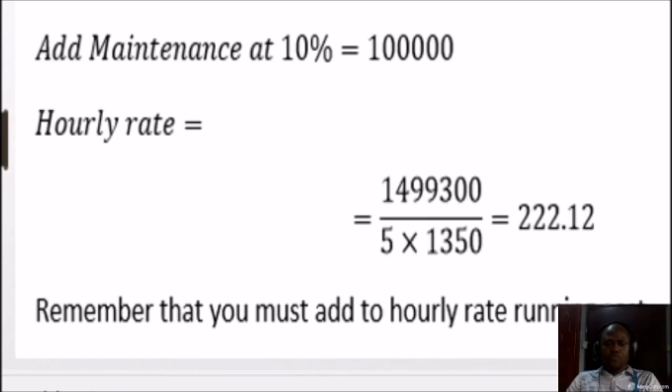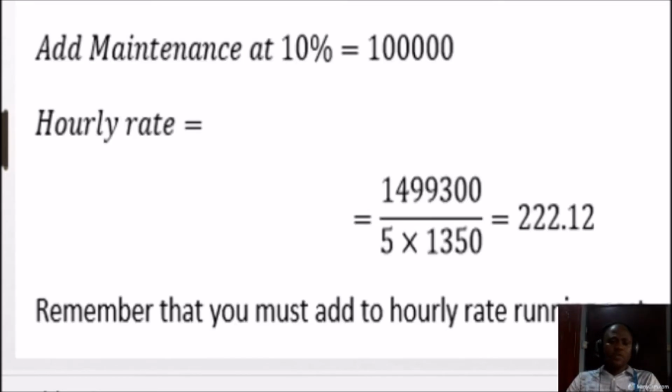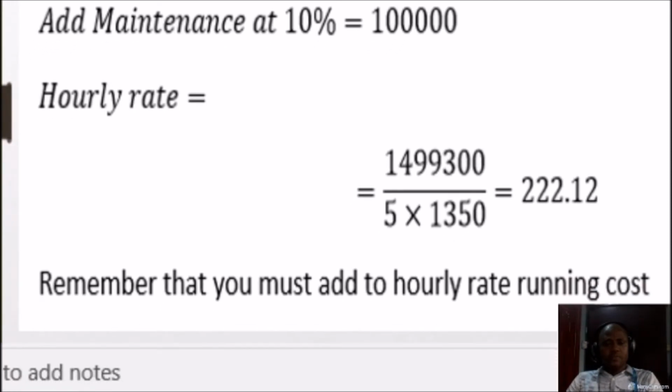So we now go to the second one. The first one we have just finished is on how to calculate the hourly rate for equipment or an earth moving plant.